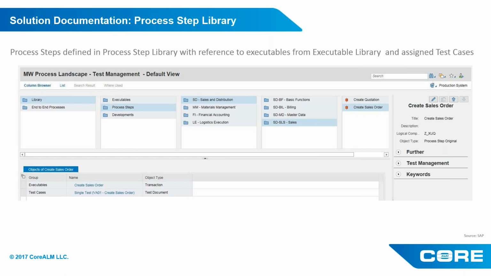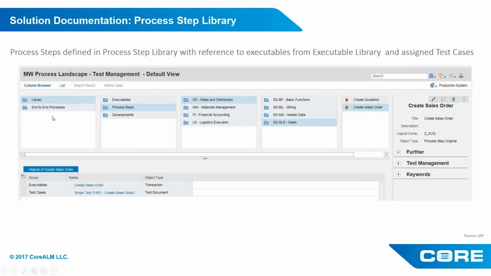So you have your executables, process steps, development objects, test cases, and the second column here could go on and on. But as an example, we have the process steps. So you break it down by functional area. When you break it down further, at the very end, you have the business process steps. In this case, what we've highlighted is create sales order. So the create sales order has 2 artifacts that go with it. You have the executables, and then you have the test cases. So these are defined in the library.